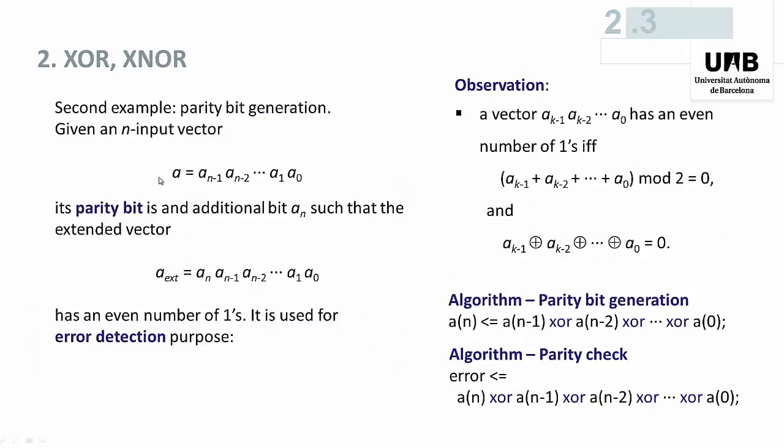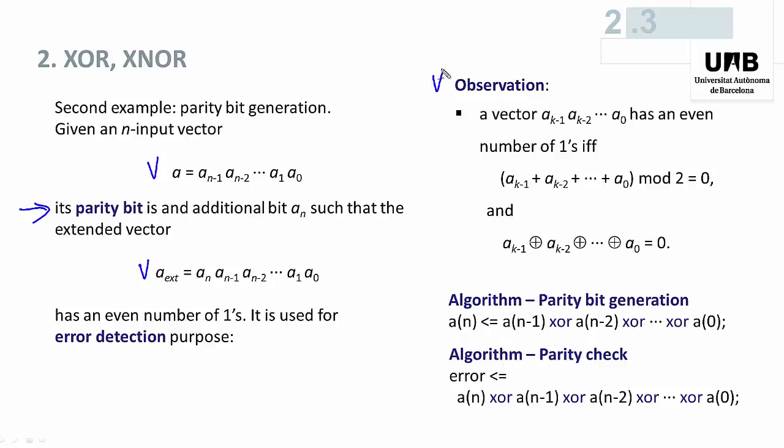Let us see a second example, a parity bit generator. Consider an n-component vector A. Its parity bit is an additional bit An such that the extended A vector has an even number of 1s. It is used for error detection purposes, as we will see later. An observation.